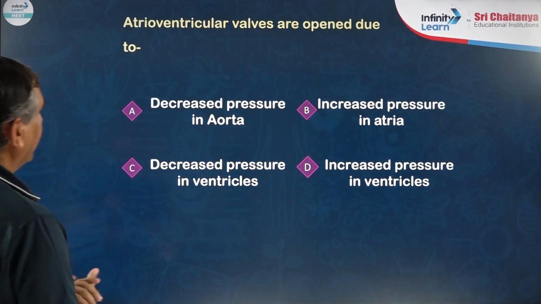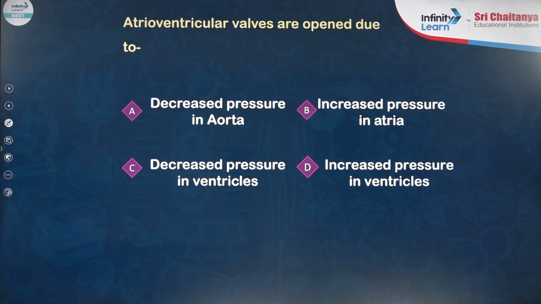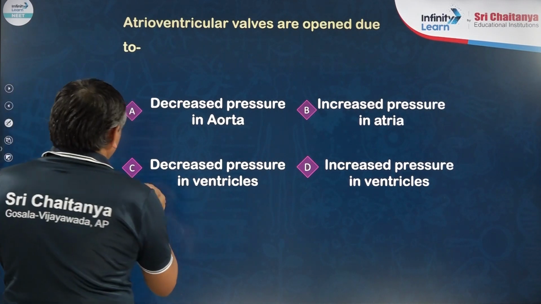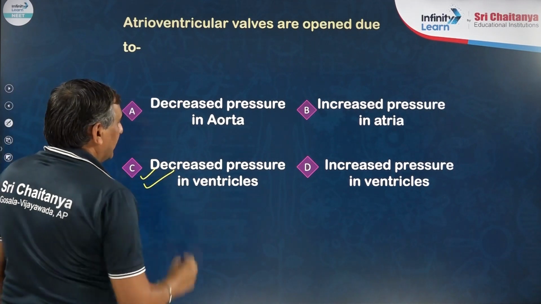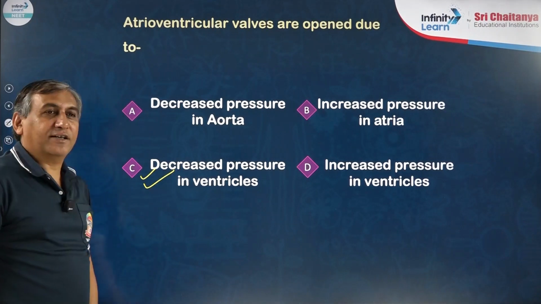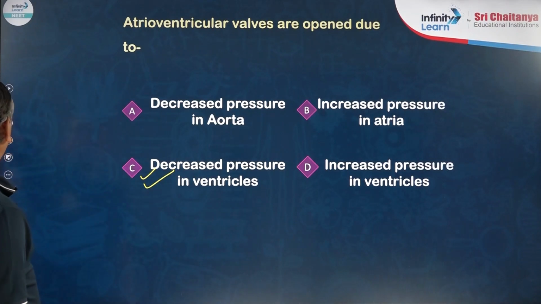Anyone will ask, out of these two, what is the correct answer? Increased pressure in the atria causing the opening, yes. But you have to give importance to the ventricle. So I will go with the third option, because decreased pressure in the ventricle causes the opening of this valve.